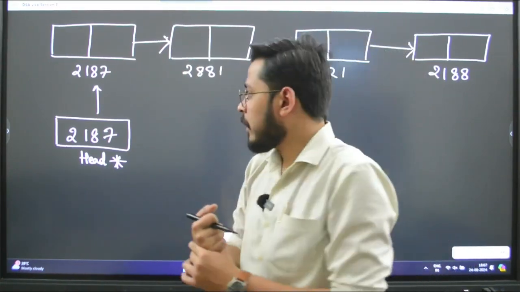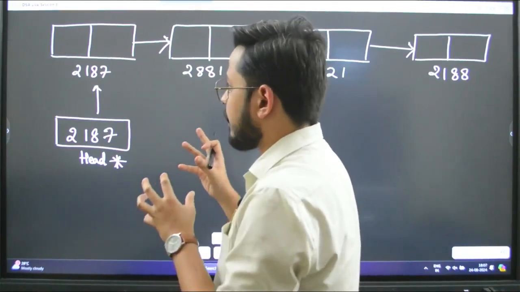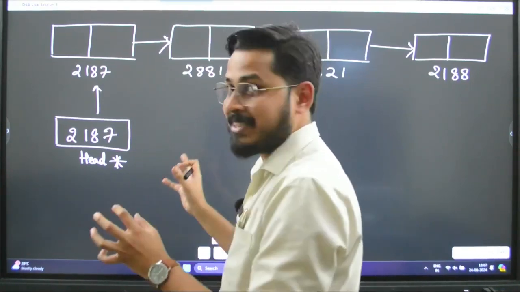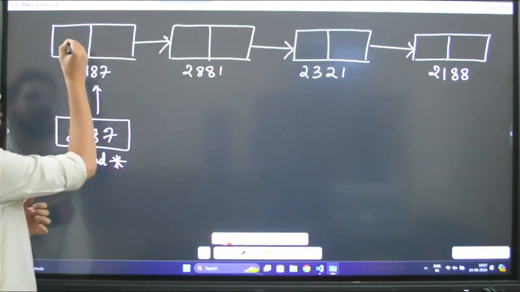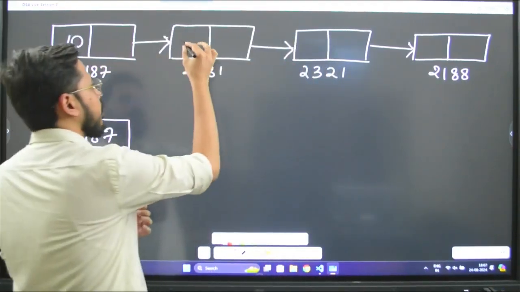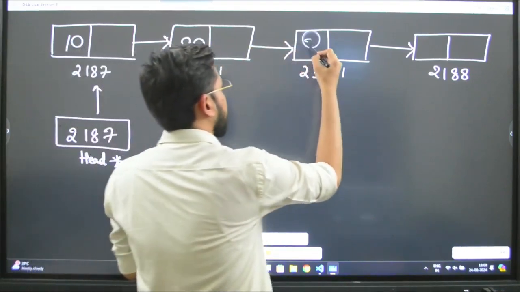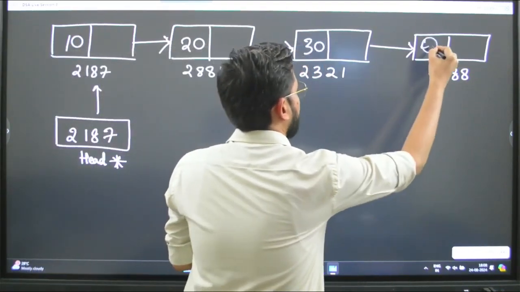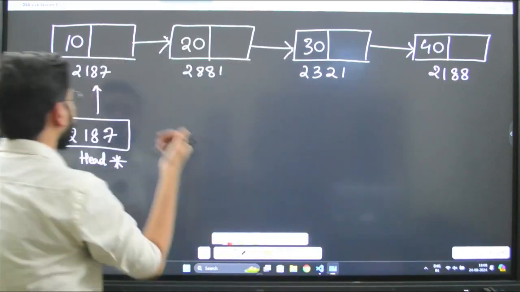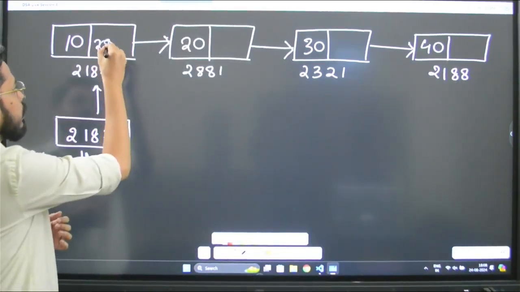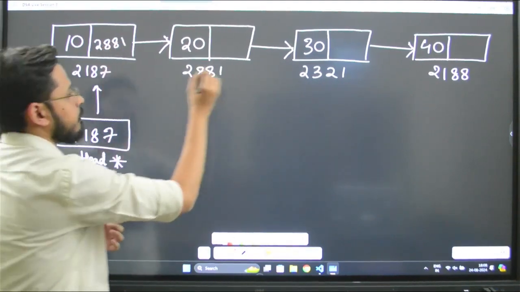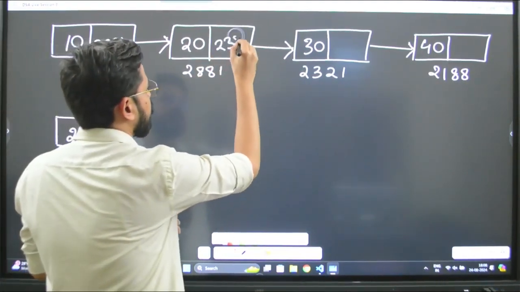Next, let's say the data stored here is going to be 10, this is going to be 20, this is going to be 30, this is going to be 40. And what we will be storing in the next part is the address of the next node, which is 2881. Here we will be storing 2321.